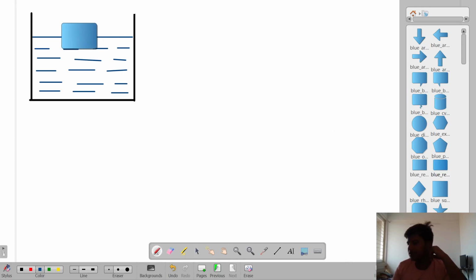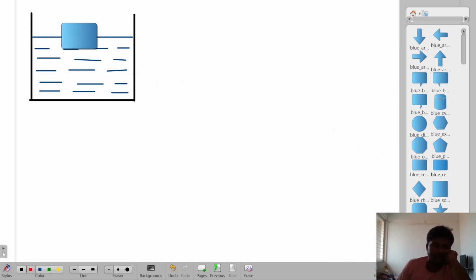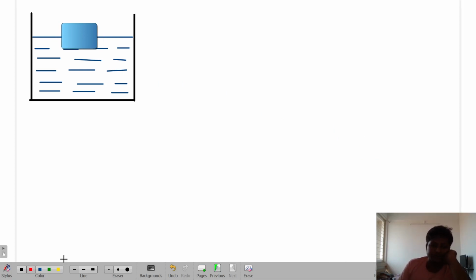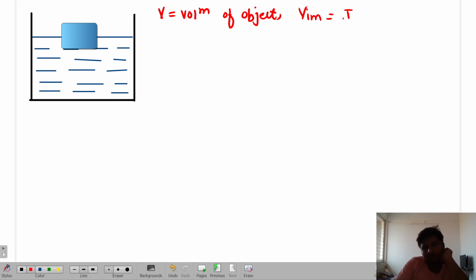So the point is very very simple. Let's suppose it is the volume of object in the simple case. Total volume V is the volume of object, and V_im is the immersed volume.